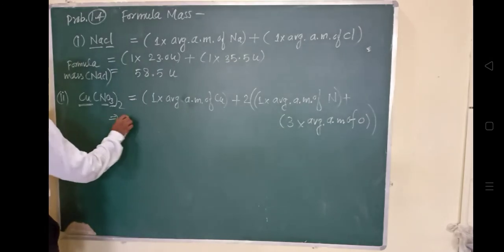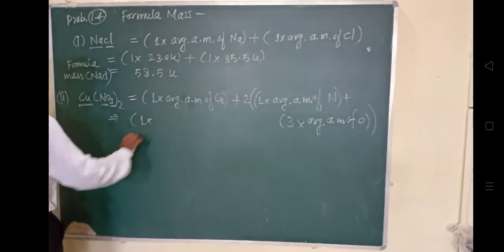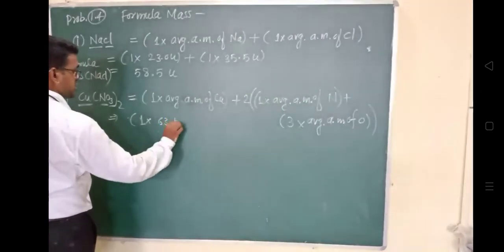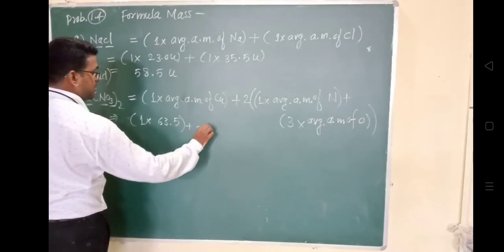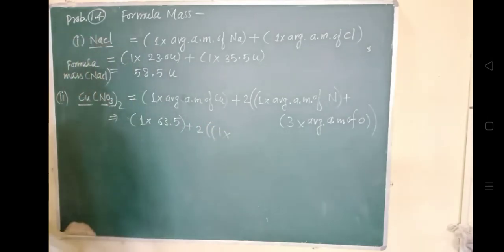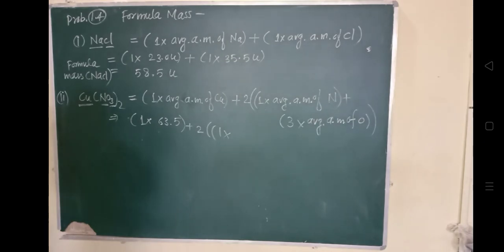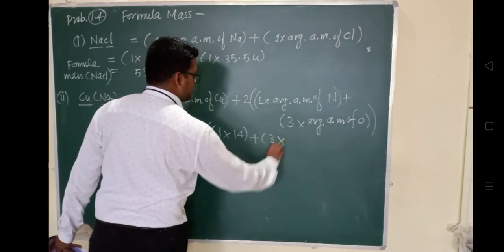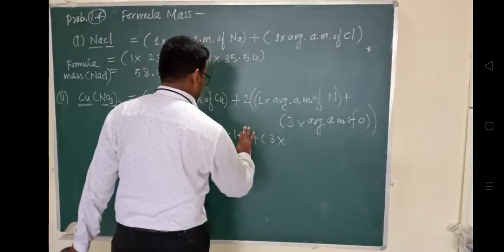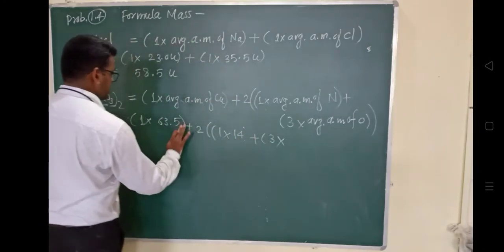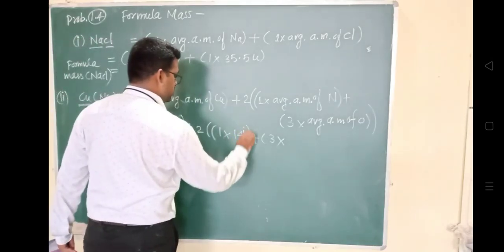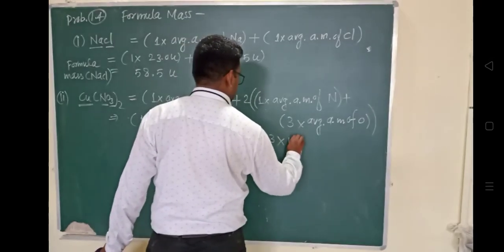Now we'll put the values here. 1 multiplied by the average atomic mass of copper, 63.5, plus 2 multiplied by, 1 into the average atomic mass of nitrogen, which is 14 unified mass, plus 3 into oxygen, which is 16 unified mass.